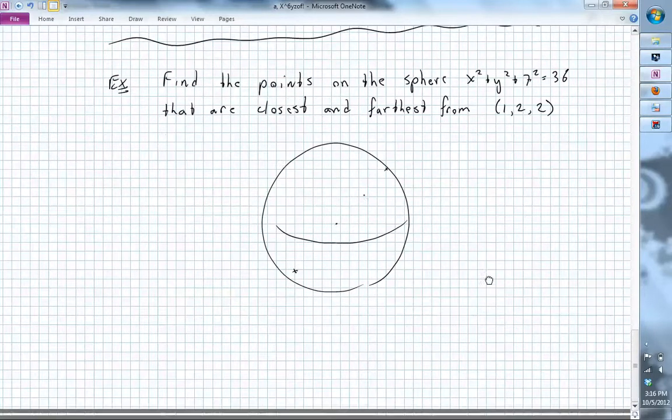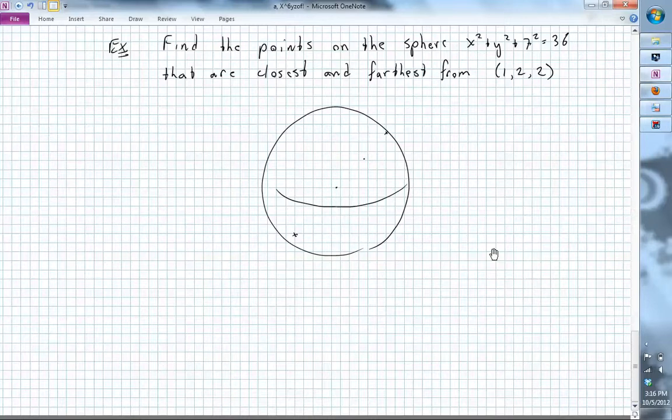Okay, so let's find these points and see if we can't confirm our intuition about these points. In fact, I think if you think hard enough about this, you can figure out what these points are without going through this nasty process. For example, if you take the vector from the origin out to there, so that's exactly right.